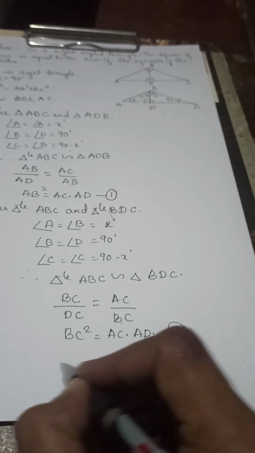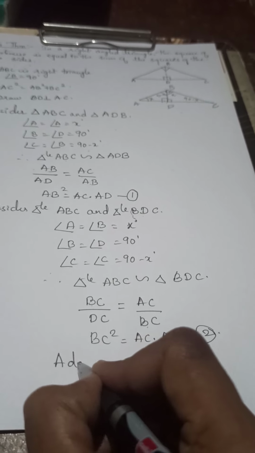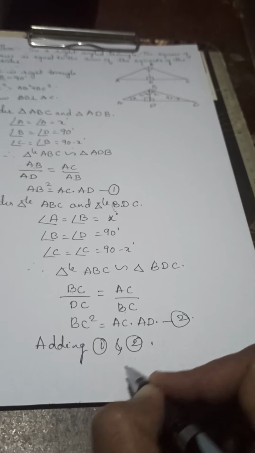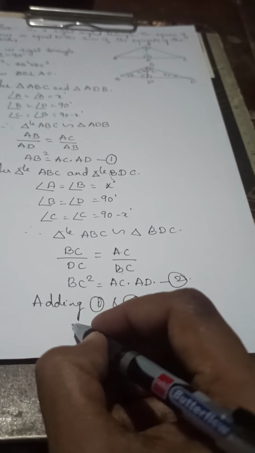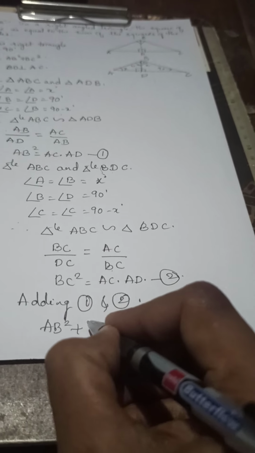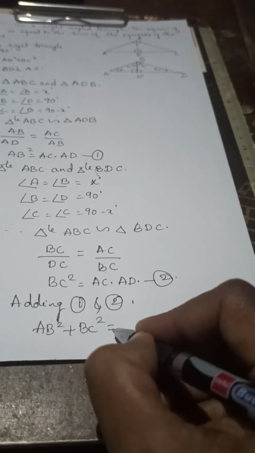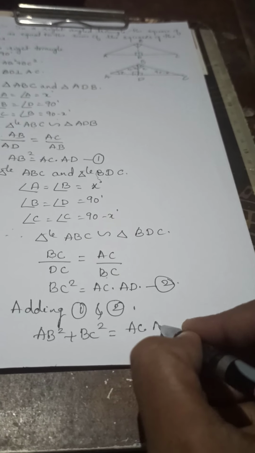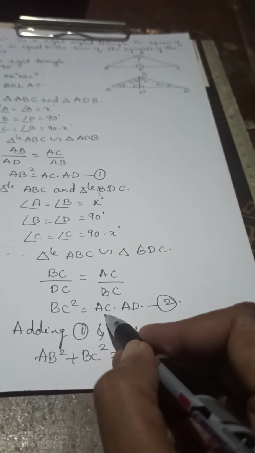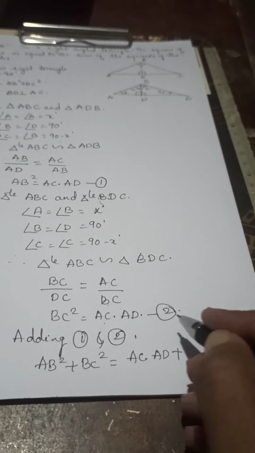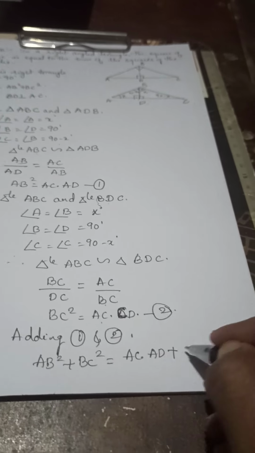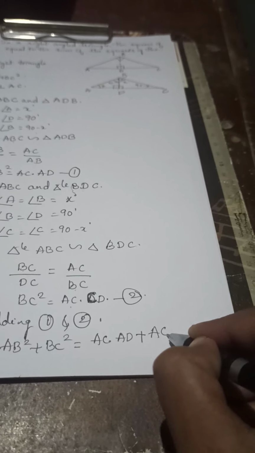This is equation 2. So adding 1 and 2. What do you get here? AB square plus BC square is equal to AC into AD plus AC into DC. This should be DC.